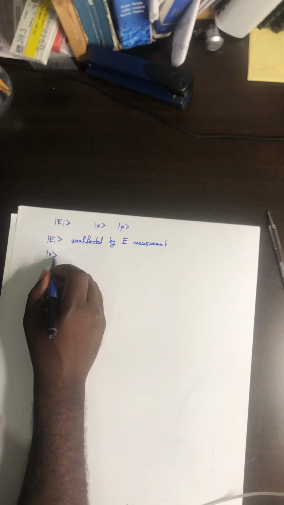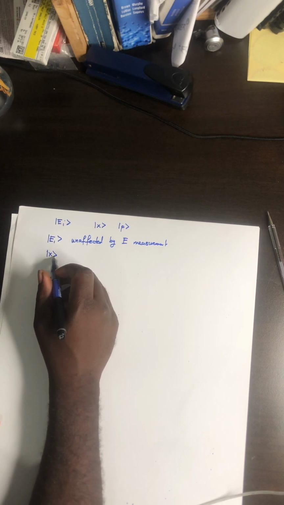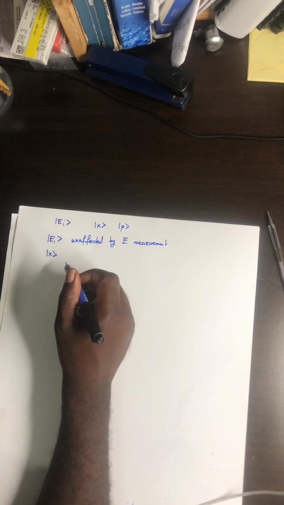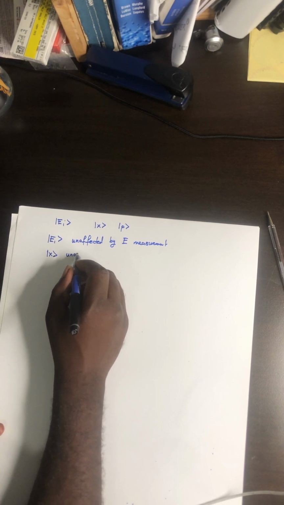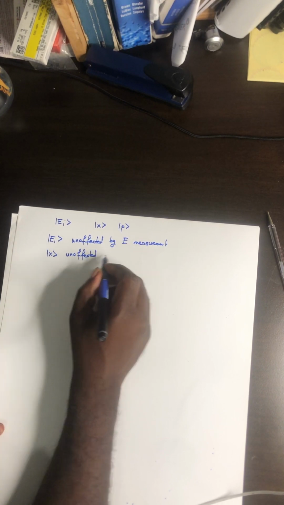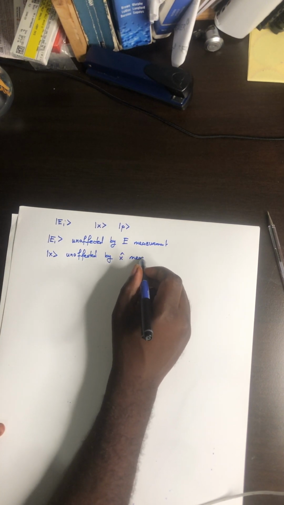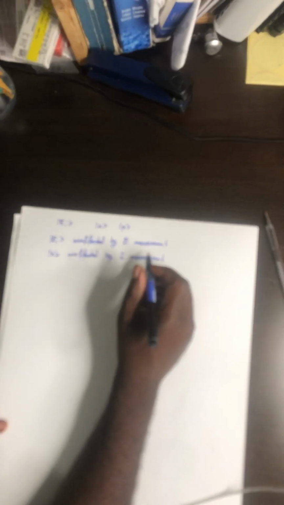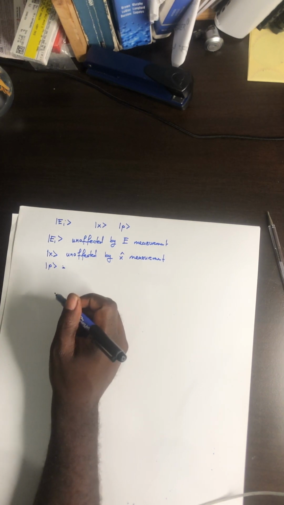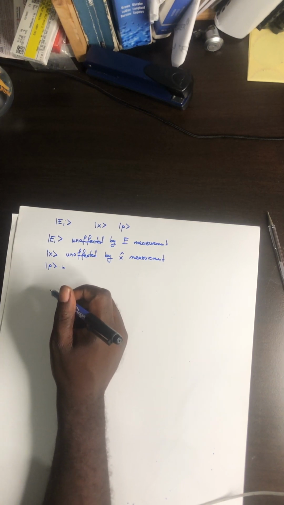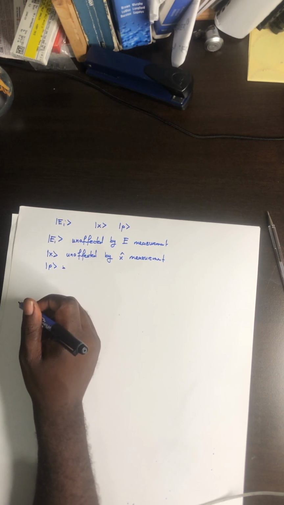A state X in which the outcome of a position measurement is certain to produce a position X, these are unaffected by position measurement. And a state P in which the outcome of measurement of momentum is certain are also unaffected by momentum measurement.